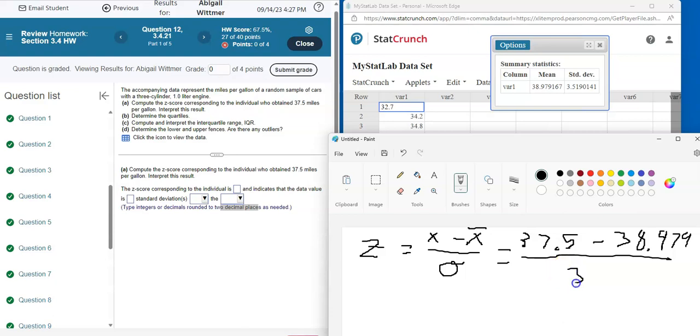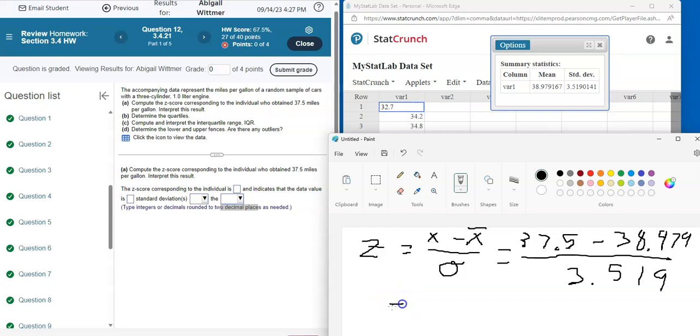Standard deviation is 3.519. It says round to 2 places, so I'm going 1 more place than the final answer asked for. So I got those 2 numbers using StatCrunch. You could do them by hand, which would be a little messy. And we're doing it for 37.5 up here, miles per gallon.